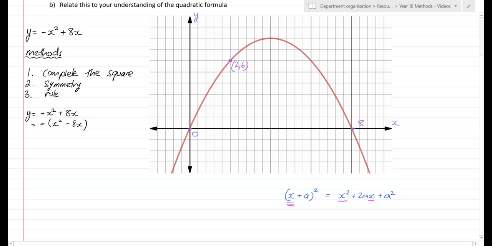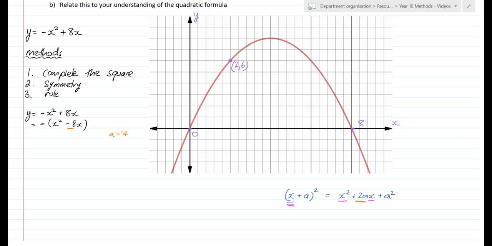Now I'm going to recognize that this 8 is basically my 2a value. So I've got negative 8 instead of 2a. And that tells me that my a is going to have to equal 4. Actually it's going to equal negative 4 because that negative will carry with it.